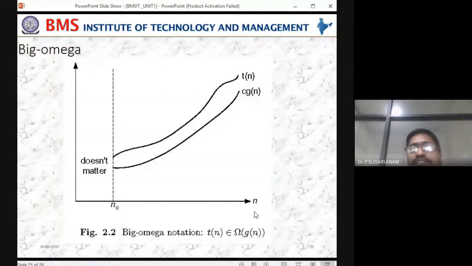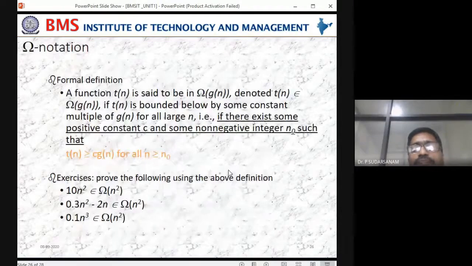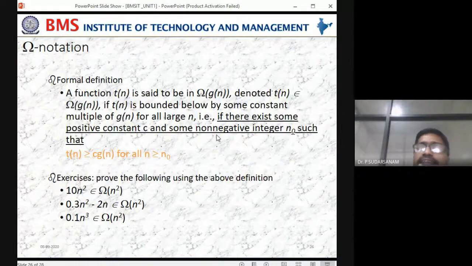That is, if there exists some positive constant c and non-negative integer n naught such that t of n is greater than or equal to c into g of n for all n greater than or equal to n naught. So that is the definition.